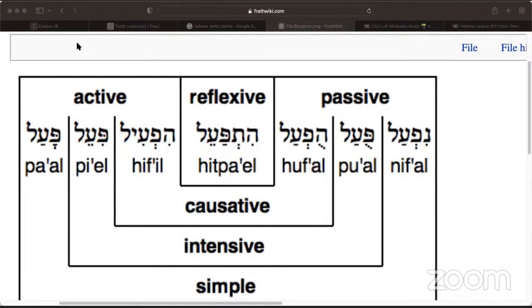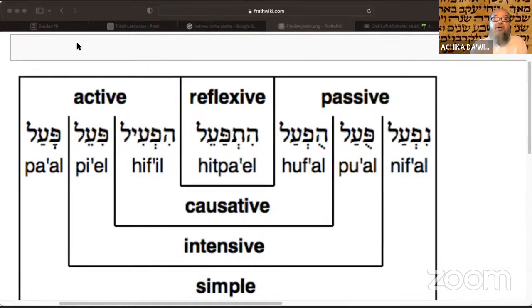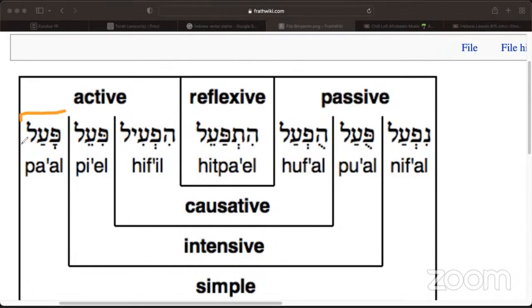Yes. Could you explain to the class about the pa'al in your own words? Well, what really helped me was knowing how to identify these different, what are they called, the different roots or stems for any verb that we use.